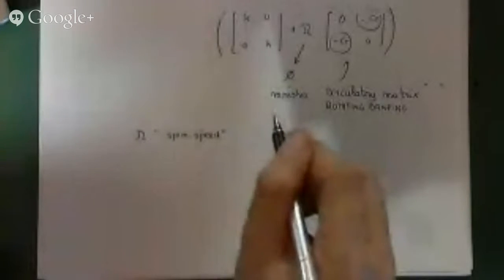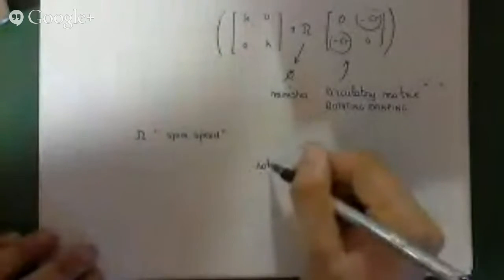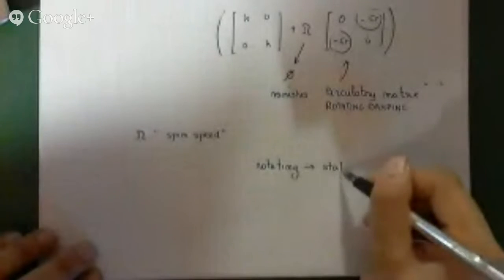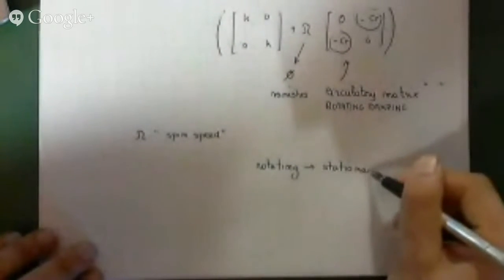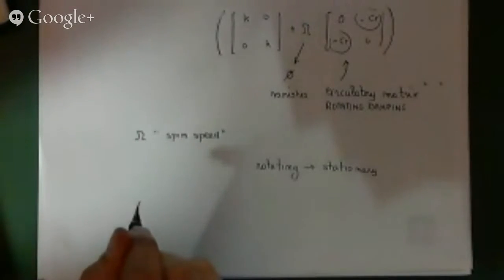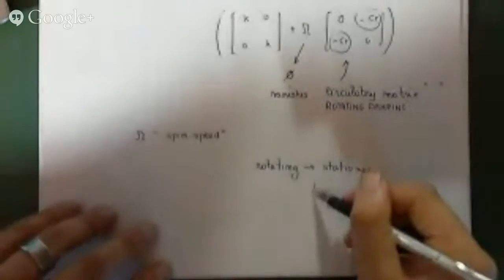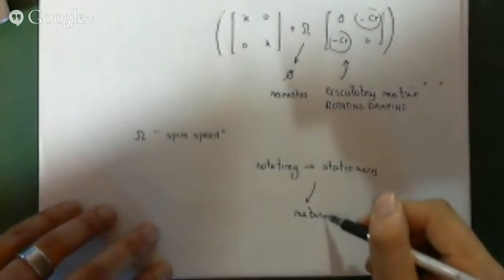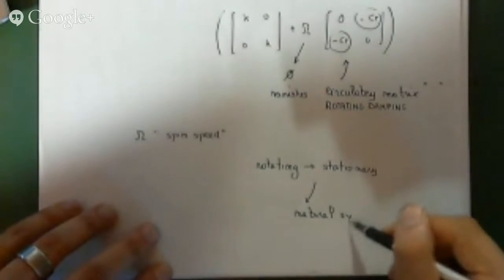The rotor becomes a stationary system, from rotating to stationary, and its equation of motion becomes that of a natural system, with natural frequencies.